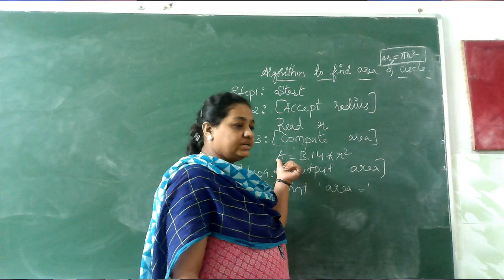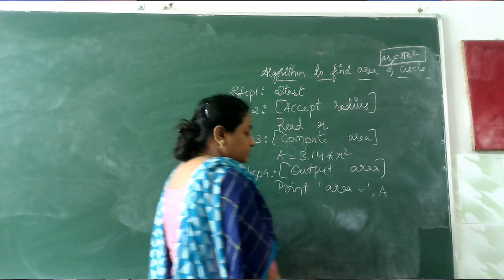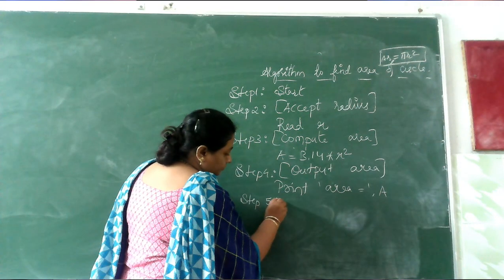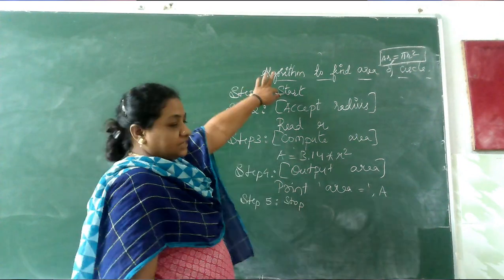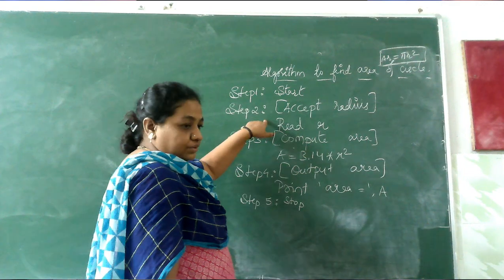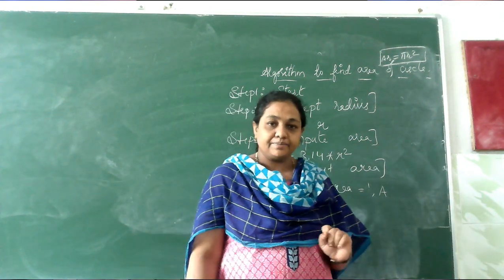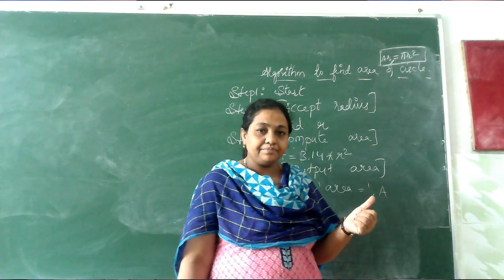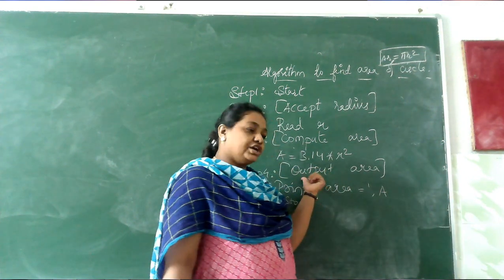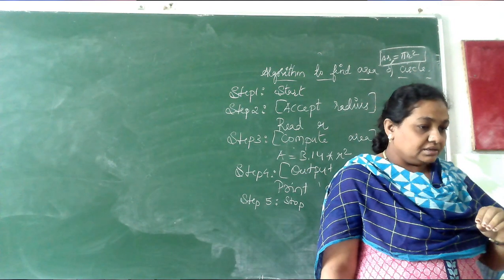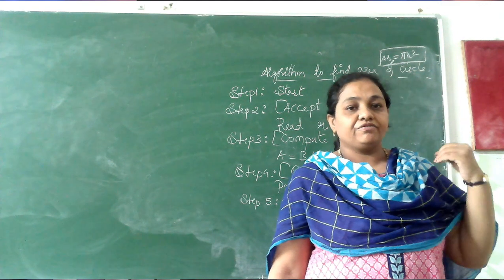After calculating area, the next step is to print or output the area. The calculated value of area is stored in A, and that we will be printing. The next step is stop.